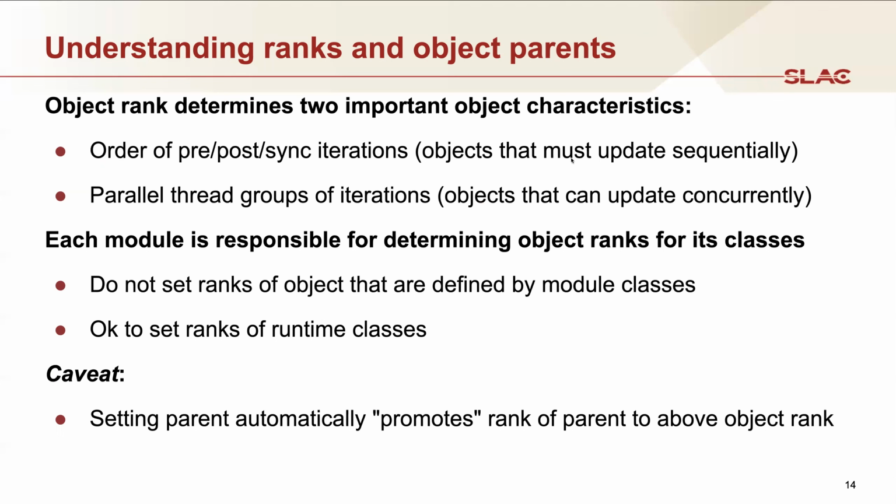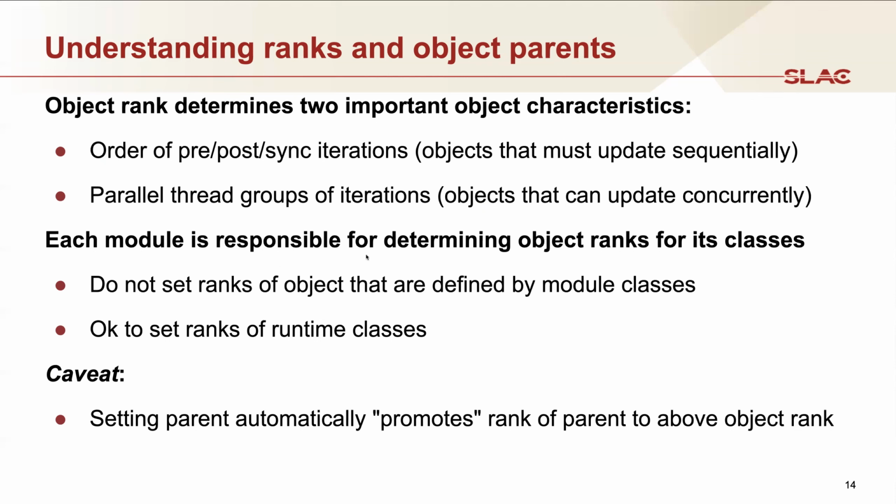And then, of course, somewhere in between are objects that can sort of fit both categories. What GridLAB-D's core solver does is sequence objects according to whether or not they must be sequential, and then parallelize objects according to whether they can be concurrent. That is the essential function of the solver, and it's the ranks that determine this.